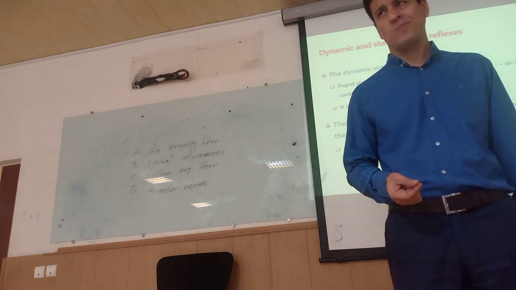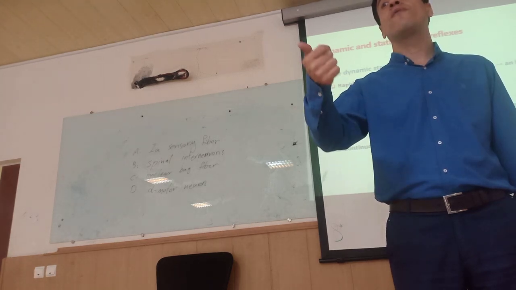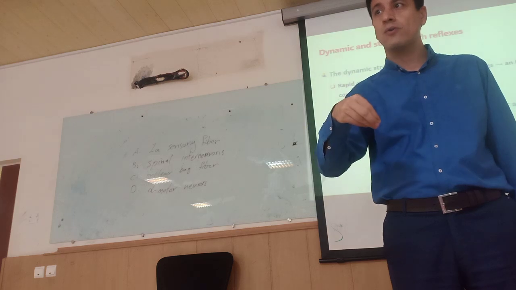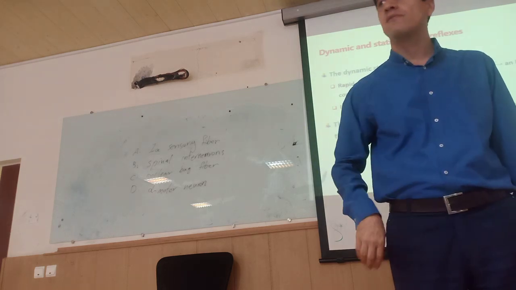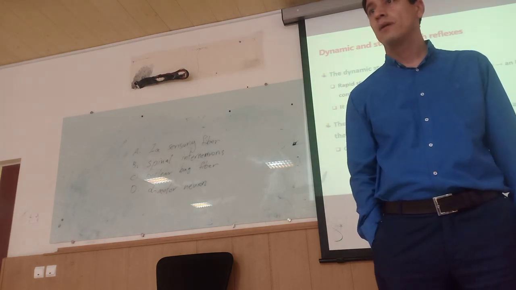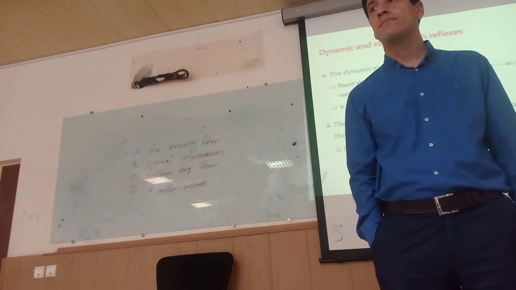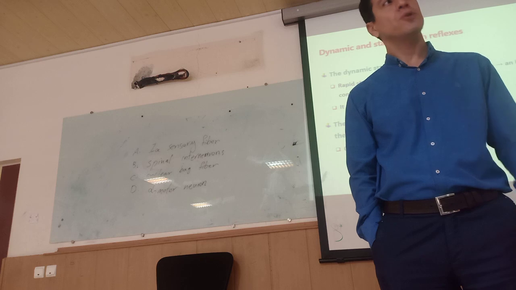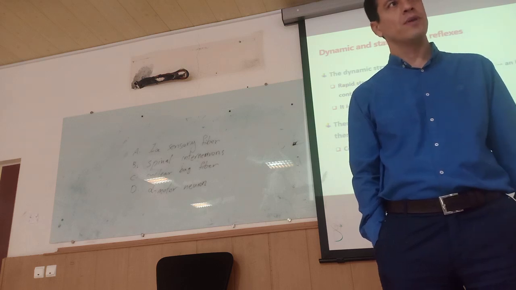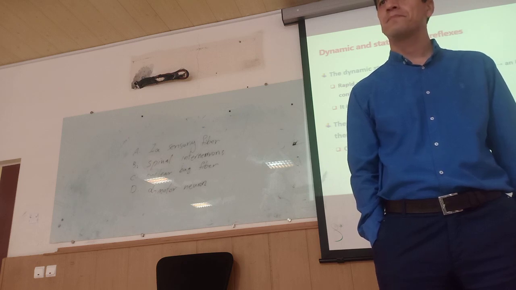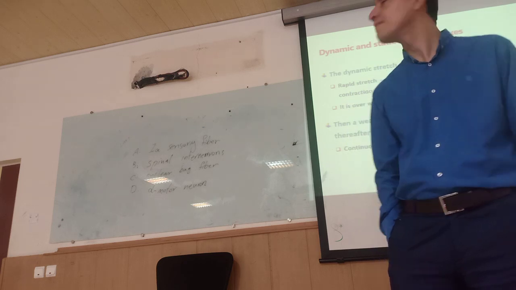That was for voluntary movement, when the descending fiber comes to the spinal cord and makes synapses with the anterior motor neuron. But now we are talking about the reflex. So you know the answer, it's B, I know. But you should have an explanation for that. Why B?